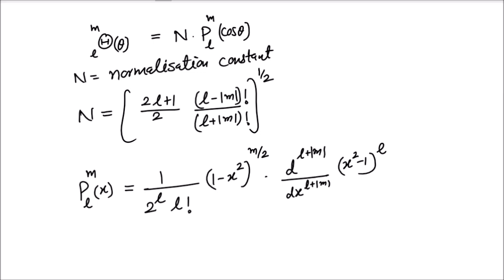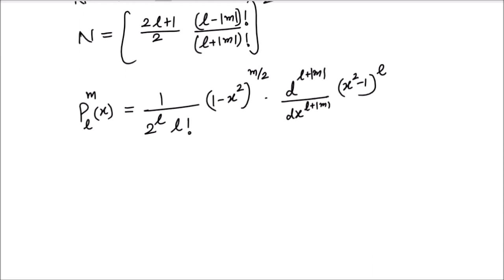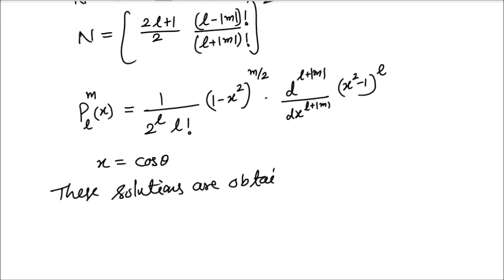M denotes the magnitude of the magnetic quantum number. So here x is cos theta, that you know. Okay, so these solutions are obtained provided the following conditions are satisfied.